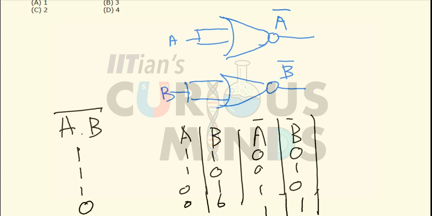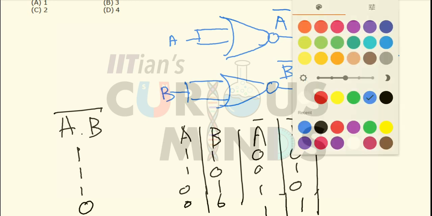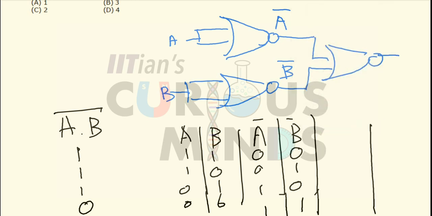I will again pass the outputs of both of them, that is A complement and B complement, through a NOR gate. So over here it will be equal to A complement plus B complement, the whole complement. That is 0 0 will give me 1, 0 1 will give me 0, this will give me 0, this will give me 0.